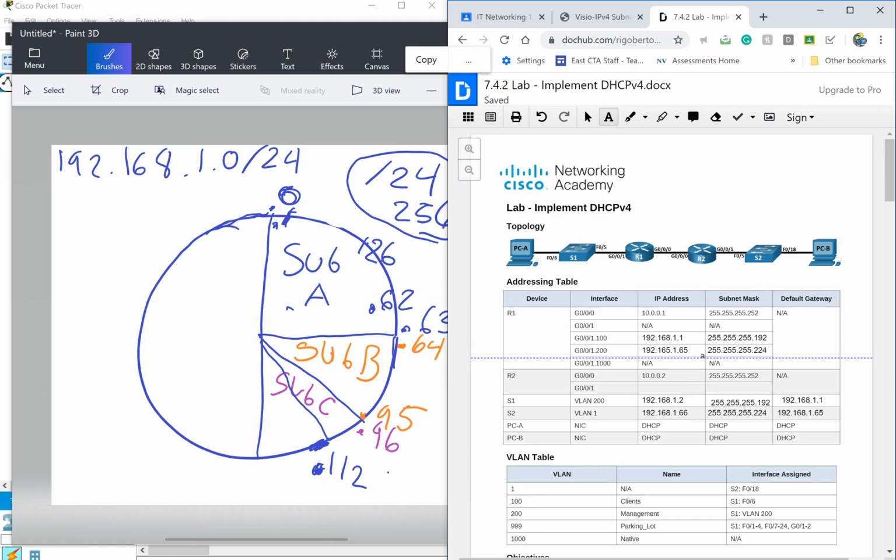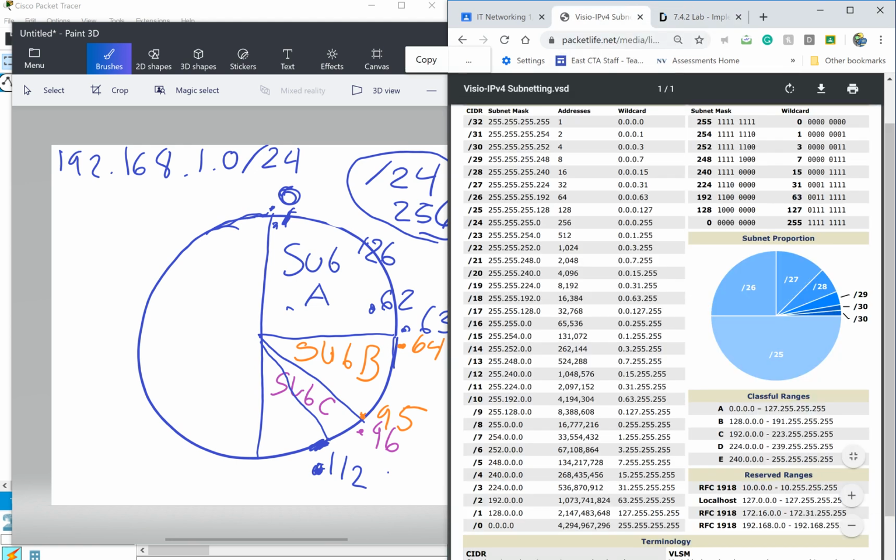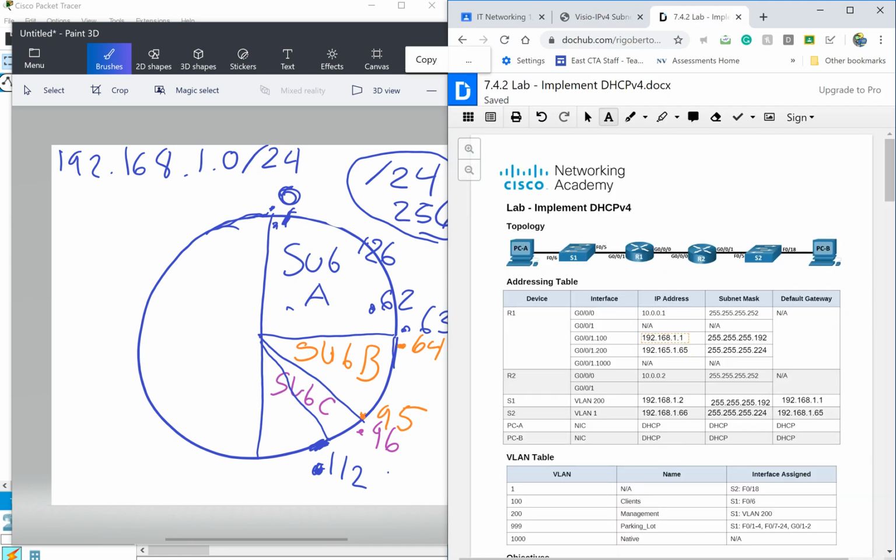So G0/0/1.100 is the first usable address, 192.168.1.1. My subnet mask is 255.255.255.192, and I get that because I go down to /26 and see the subnet mask right there. Any devices on that subnet have to have the same subnet mask as well. That's the way networking works. Everything needs to match up, or else you're going to have issues.